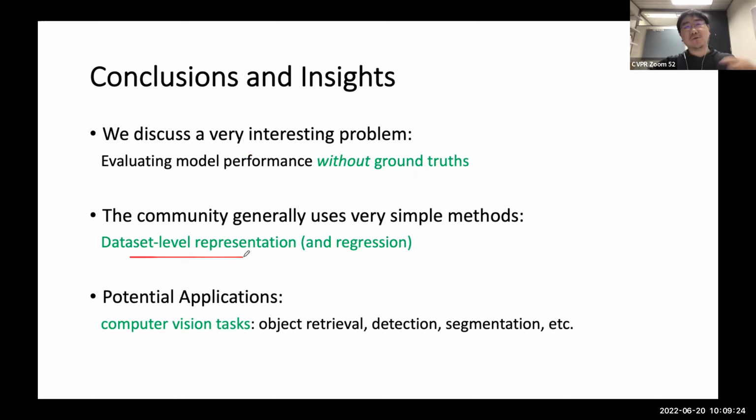These representations are usually very simple, intuitive and interesting. And there are potential applications for this problem, where we can apply it to generic computer vision problems like retrieval, detection, and segmentation, etc.